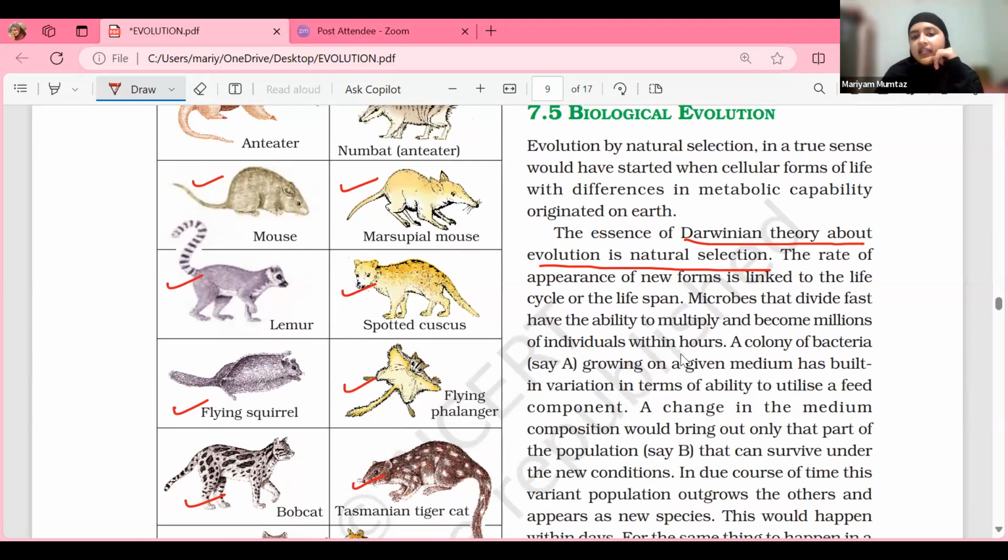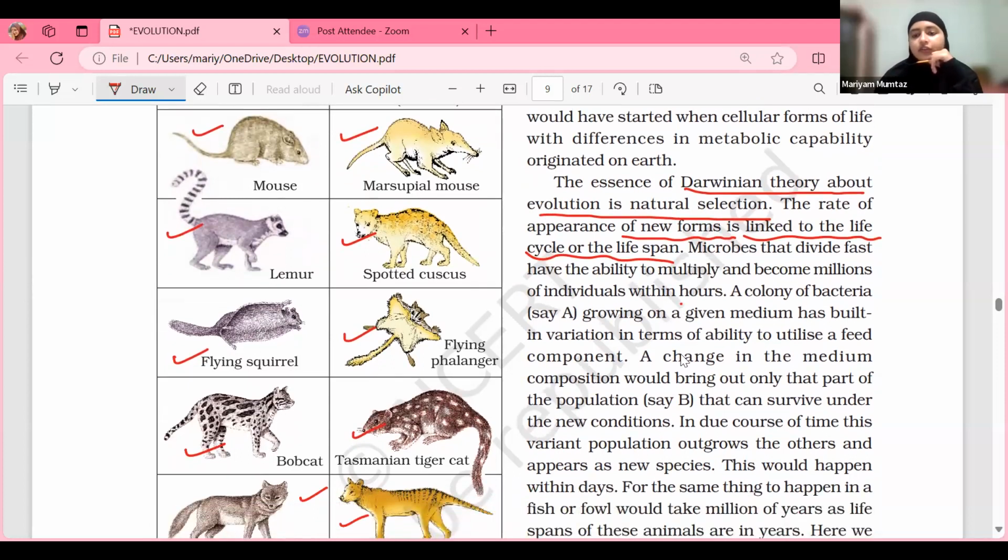Now, the rate of appearance of new life forms is linked to the life cycle or the lifespan. Microbes that divide fast have the ability to multiply and become millions of individuals within hours, right? A colony of bacteria, say A, growing on a given medium, has built-in variation in terms of ability to utilize a feed component.